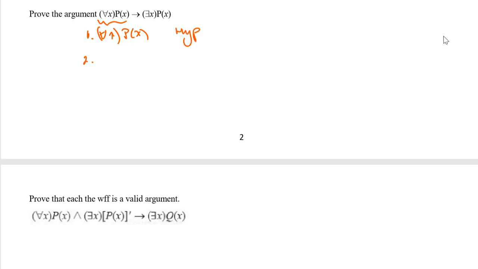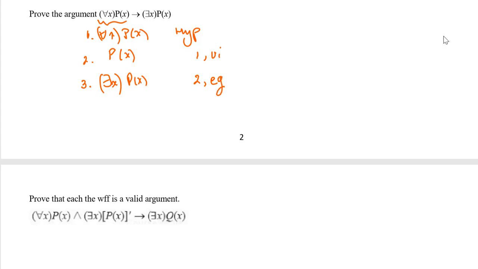Now, I could use universal instantiation. Strip the quantifier, then it will be p of x. Then back 3, reinsert the there exists, which is basically, I take 2 and I do existential generalization.